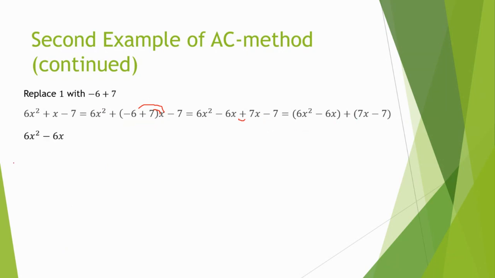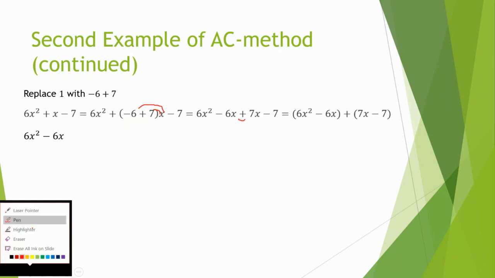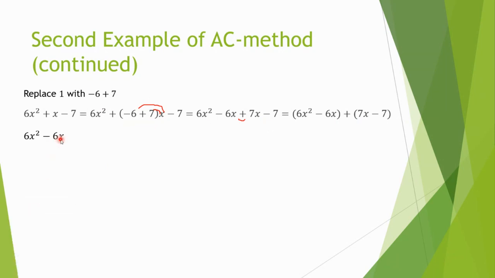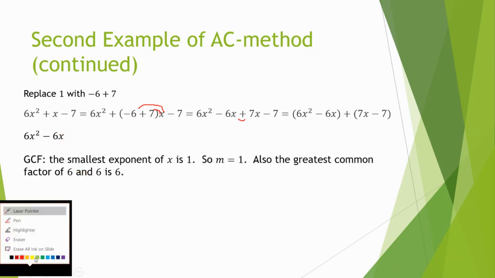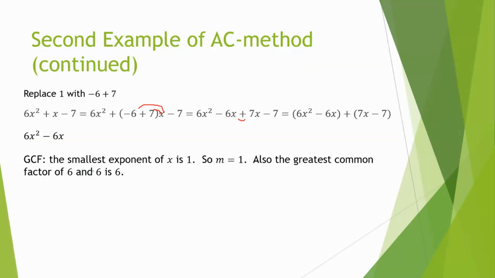And so now we have to handle each group. From here, it should be easy to see what the GCF is. The smallest exponent of x is 1. And 6, and that should be a negative 6. Let me just fix that. 6 and negative 6: their greatest common factor is 6 itself.